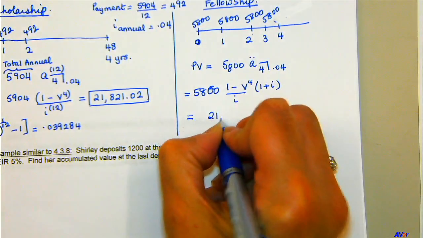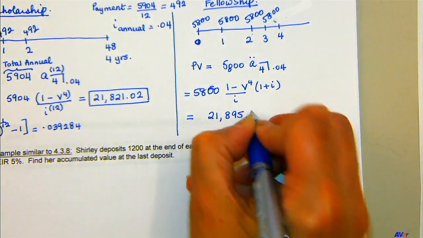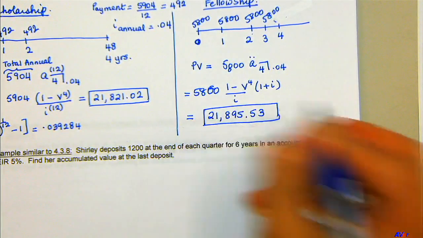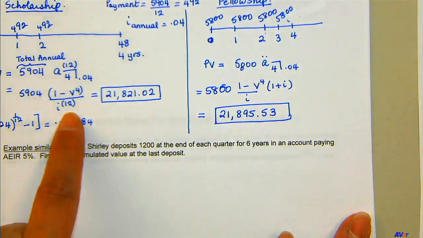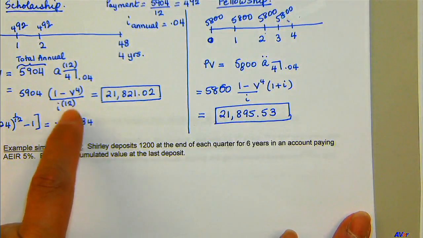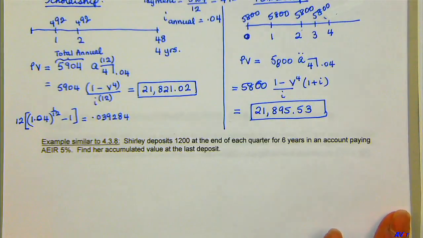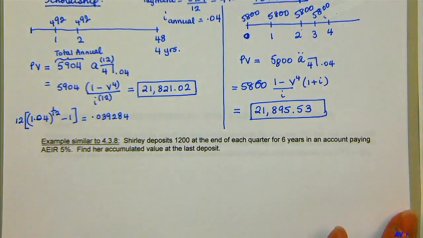Here I get 21,895.53. So this one was not horrible. Once you find i12, you just put it in the denominator and that's it. Okay, all right.